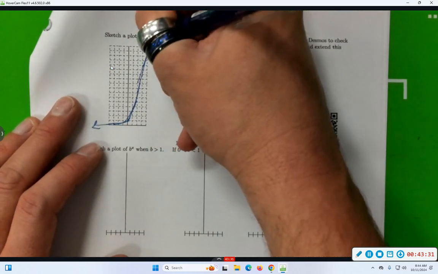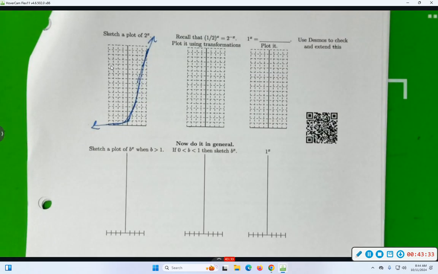Its graph looks something like that. Let's use this to get an opposite. So remember, 1/2 to the power of x, that's the same as 2 to the negative x. So this graph is the same as that graph, but I put a negative in front of the x.